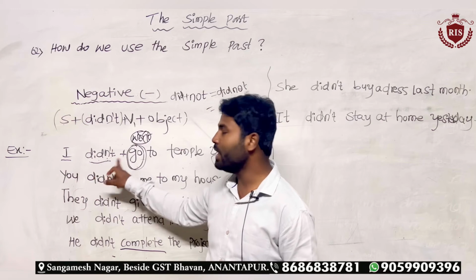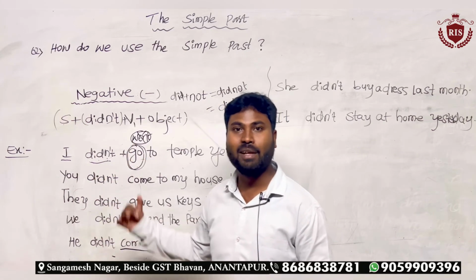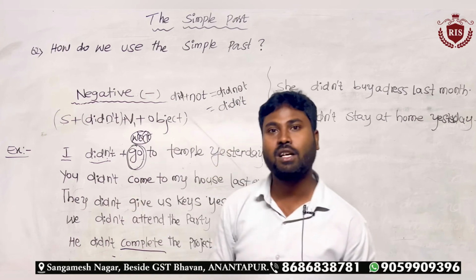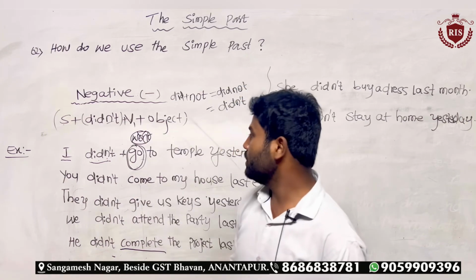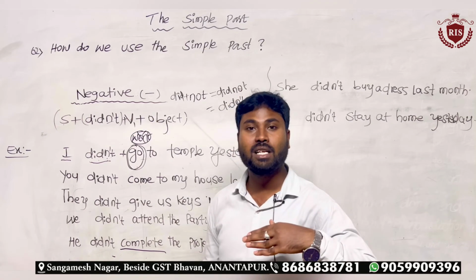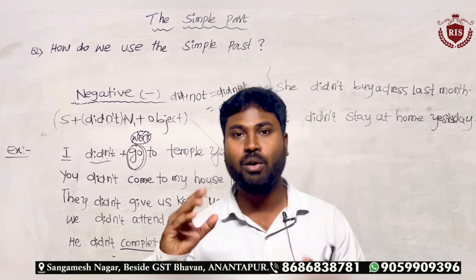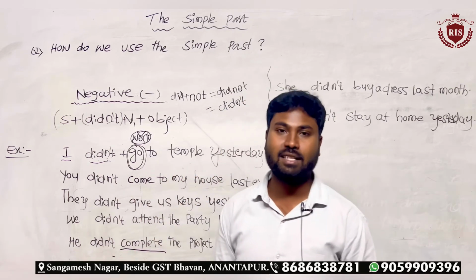Didn't should be followed by V1. You cannot use the simple past form of the verb in negative sentences. Do remember, don't commit mistakes. There should be only V1. When it comes to the positive form in the simple past, there should be only the simple past form of the verb. In the sense, there should be only the V2 form of the verb after the subject.